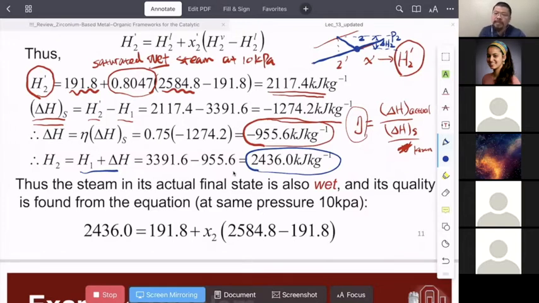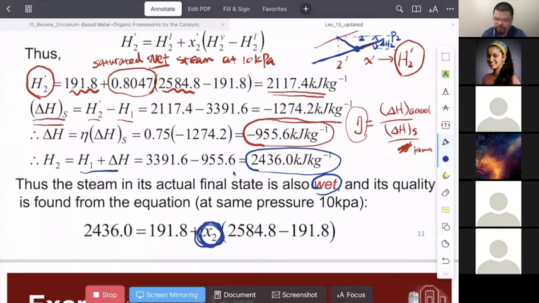And still we don't know whether this is pure liquid or a liquid-vapor mixture. So what do we do? Well, we have the same assumption. Let's try to say this is also wet. Let's see if the X2, now that's not the X2 prime, that is the actual final state.